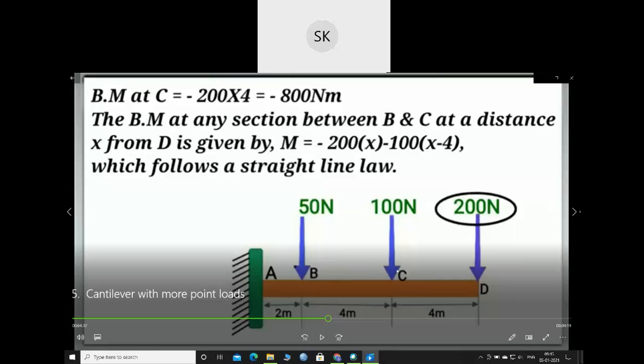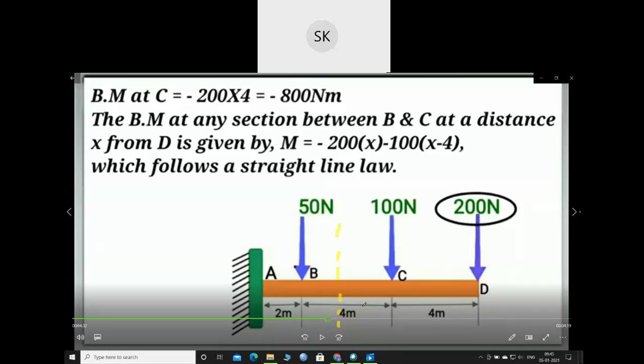Now the bending moment between B and C. I can take a section between B and C. I have drawn a section XX at a distance of x from the free end. So I can write minus 200 into x. Again minus this 100. The whole distance is x meter and we know this distance is 4 meter.